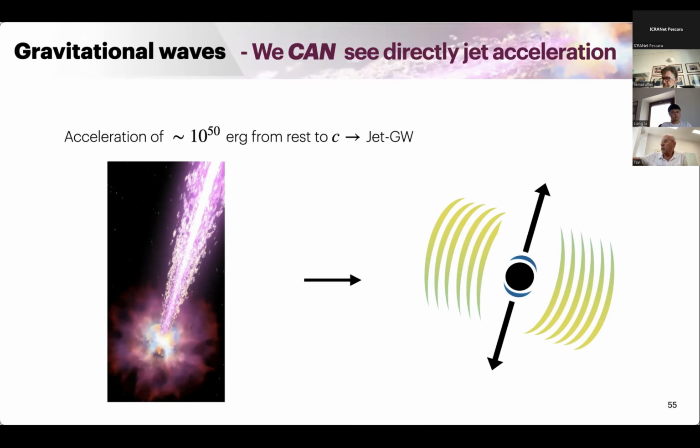In short GRBs, in mergers, we believe that you form a small accretion disk around the central object. The accretion disk is small because there is not that much material involved. And if you have a small accretion disk, the typical time scale for this disk to accrete on the compact object is a few seconds or less, and this is how you get the short GRB.